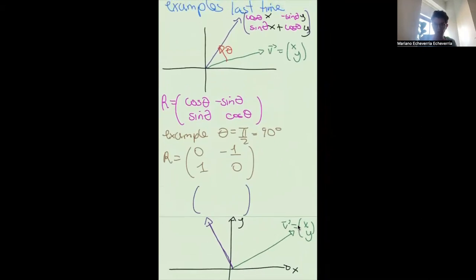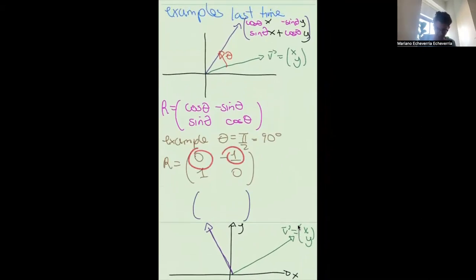It's literally just like A, B, C, D, or just plug theta equals 90 degrees in this formula for the entries of the vector, right? So what do we get? What's the first entry that you would get here?